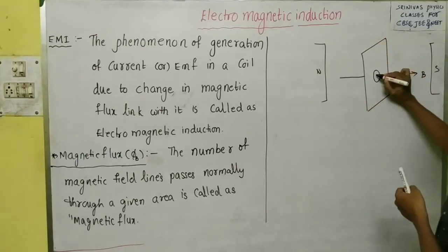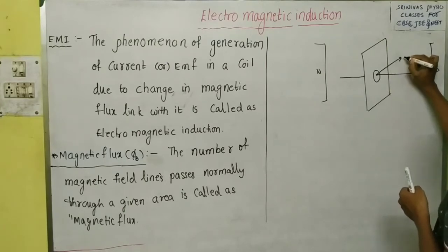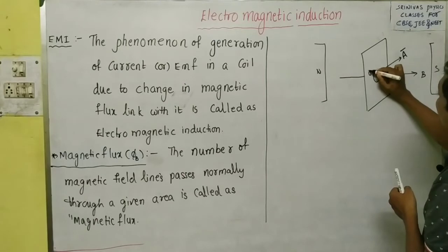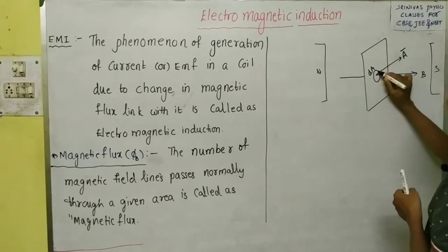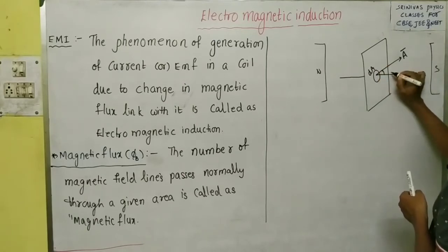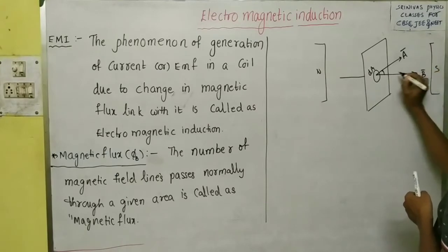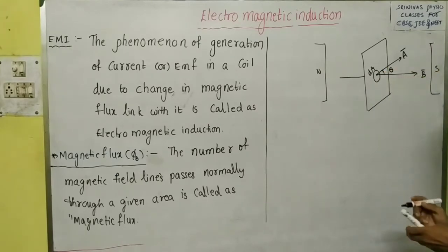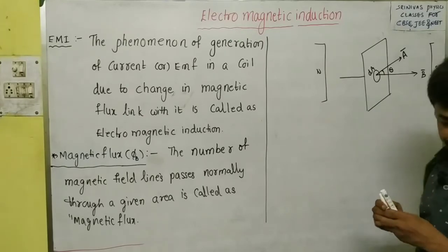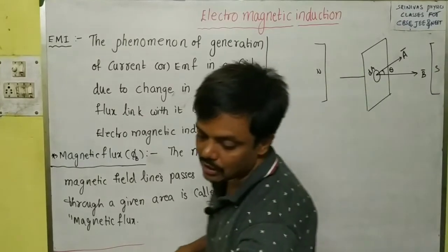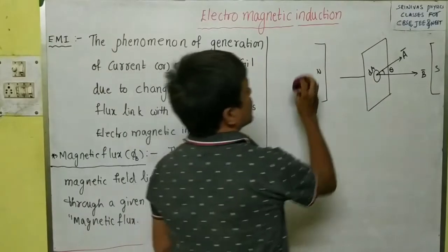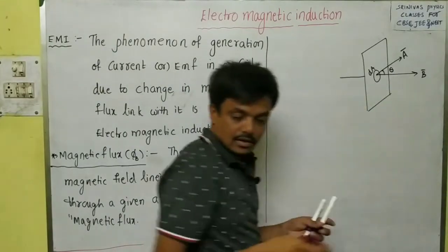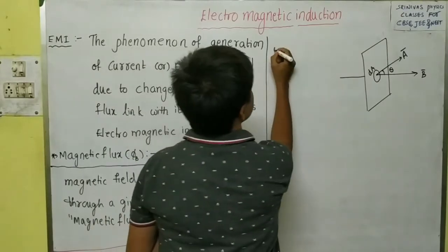The area vector is always perpendicular to the surface. Here I am taking a small area dA. The angle between the area vector and the field is theta. Then we can write the magnetic flux through the small area.